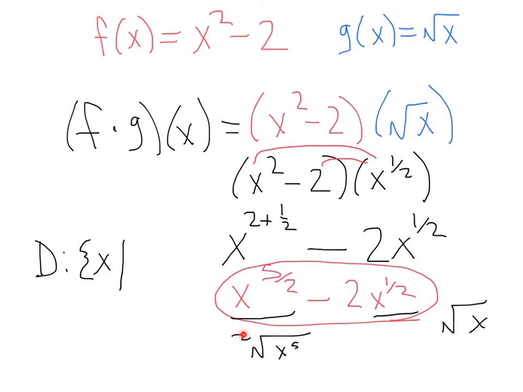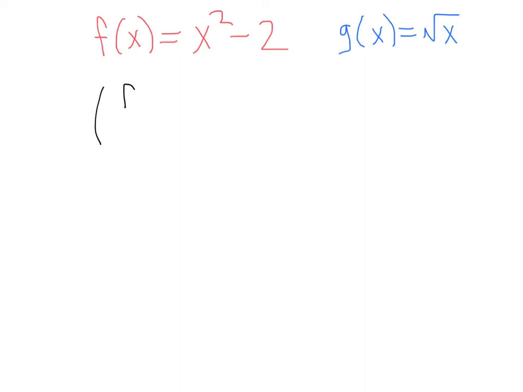Now, because my roots here are even, this is also a square root over here. Because my roots here are even, I know that these have to be greater than or equal to 0. So I do have a restriction on the domain. It's going to be x is greater than or equal to 0. So be careful once you change these to exponential form, because you might have some hiding square roots that you have to take account of when you're writing the domain.